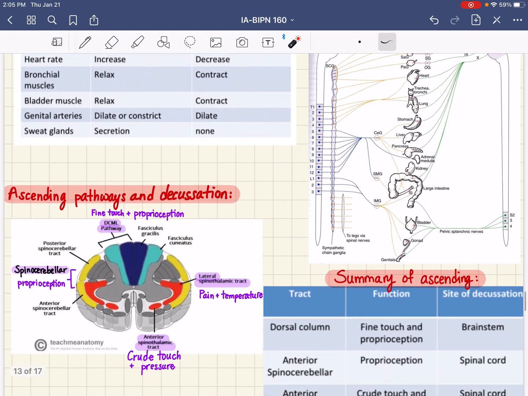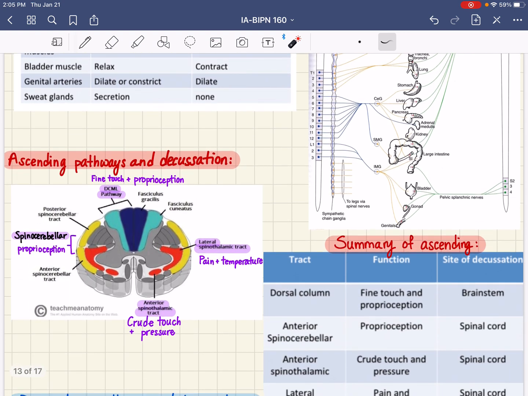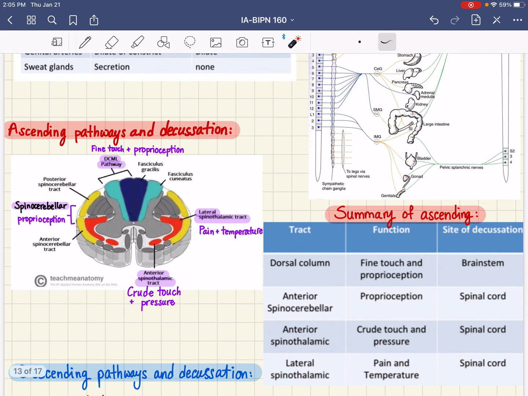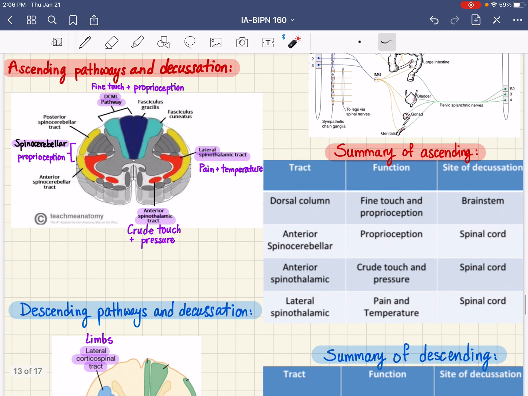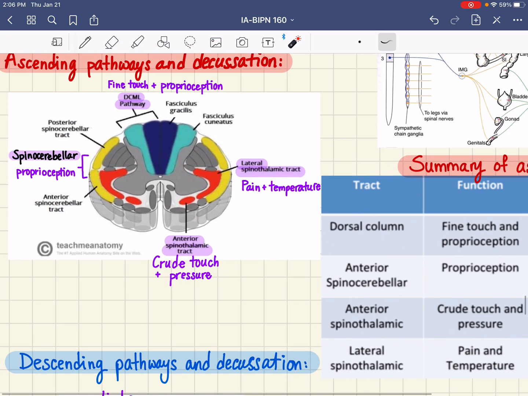And I will move on to talk about the ascending pathways and the decussations of the sensory tracts. Okay, so there are 4 ascending pathways that Dr. Root wants you to know and know them well. So the first one is the dorsal column right here.